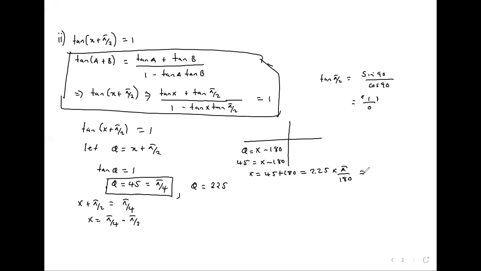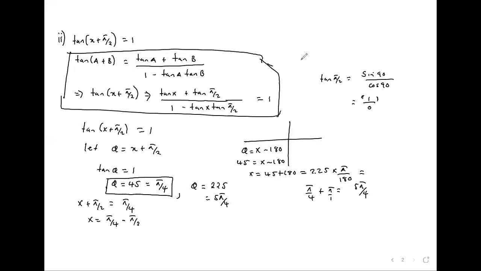Okay, since converting will take us long, we'll just add pi over 4 plus pi. That's 5 pi over 4. So far we have two angles.